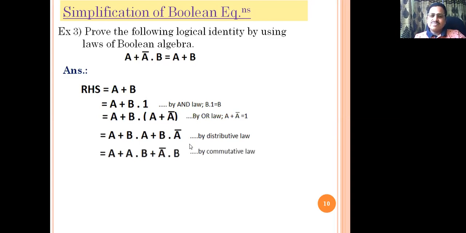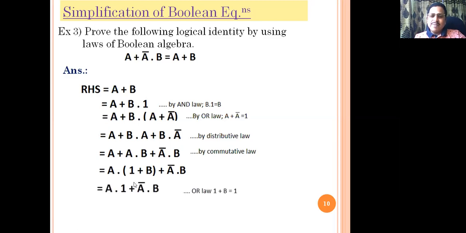The next one here, you can use the commutative law to change the sequence of A and B: A and B, or A and B, or A bar and B. Now from the first two terms, you can take A as common. In the bracket what is left? 1 or B. It is 1 in the first term and B left in the second term, or A bar and B remains over there. Now by the OR law, ORing of a number with any number will be 1 only.